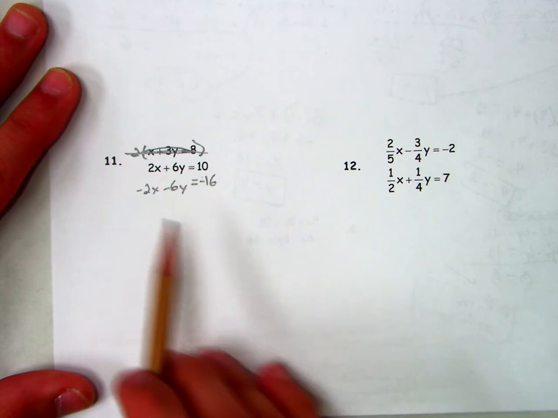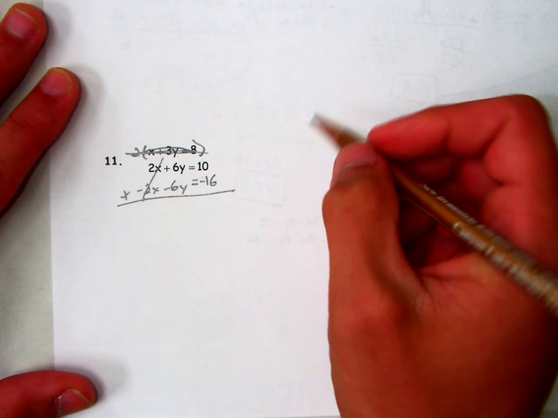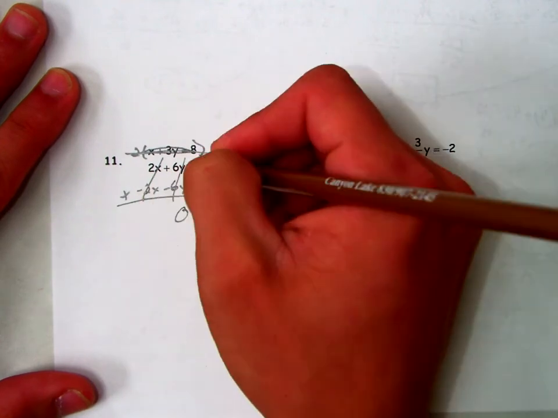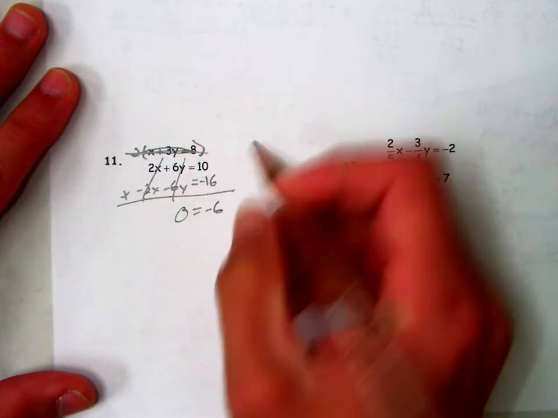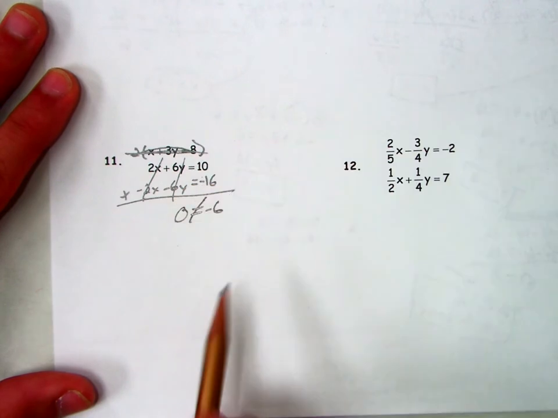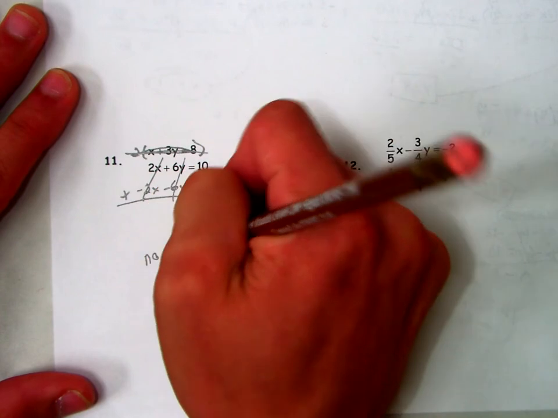Now when I add these together, that cancels. That cancels. So I'm left with 0 equals 10 plus a -16 is -6. So 0 does not equal -6. Therefore, there are no solutions.